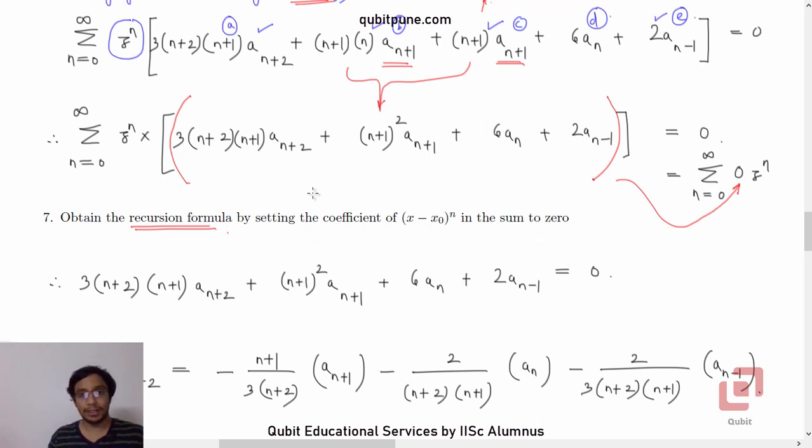And why are we allowed to do that? By the manipulation theorem, the third conclusion that I told you. So this is now going to get the following recursion formula: 3n plus 2 into n plus 1 into a n plus 2 plus n plus 1 the whole squared into a n plus 1 plus 6 a n plus 2 a n minus 1 equal to 0.